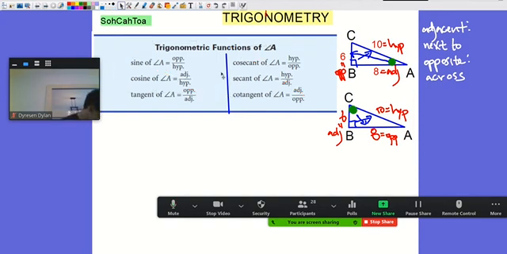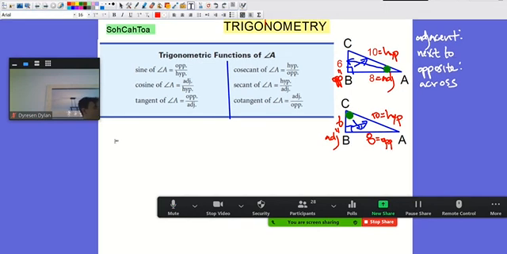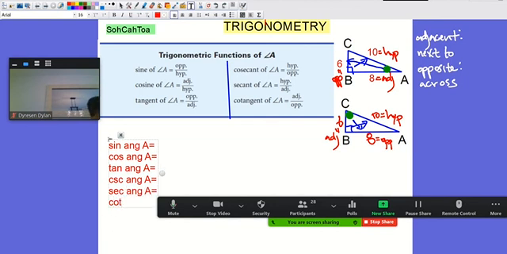Let's talk about sine of angle A, cosine of angle A, tangent of angle A, cosecant of angle A, secant of angle A, and cotangent of angle A. Okay?